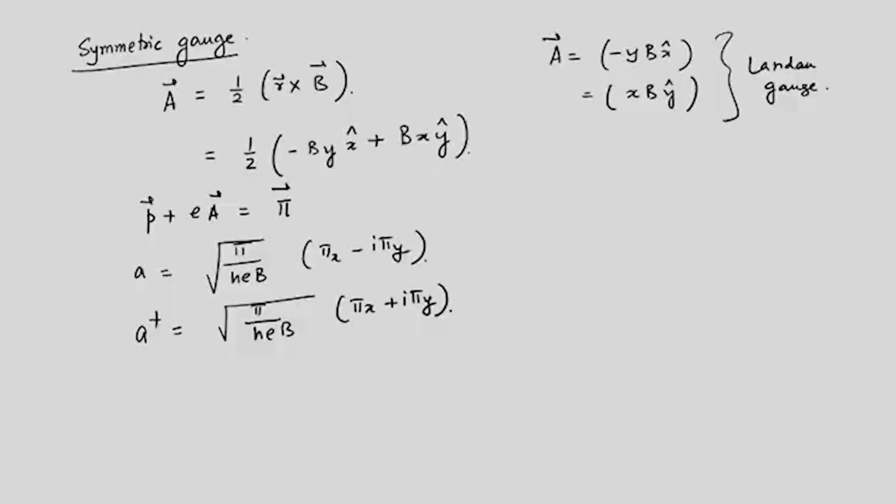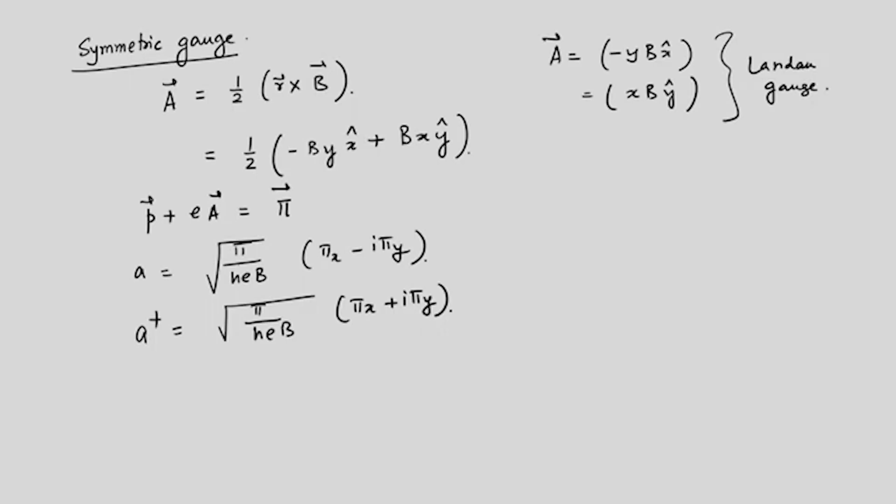In order to do that, we have noted that the most suitable gauge here is the symmetric gauge and not the Landau gauge that we have seen earlier. And in this symmetric gauge, we do this problem, that is the problem of electrons in a magnetic field, and find out the energy eigenvalues.